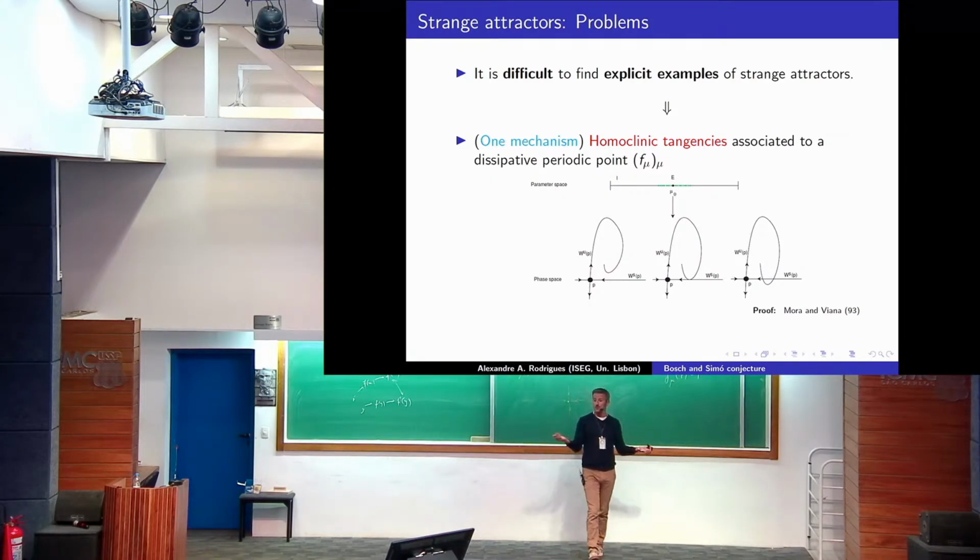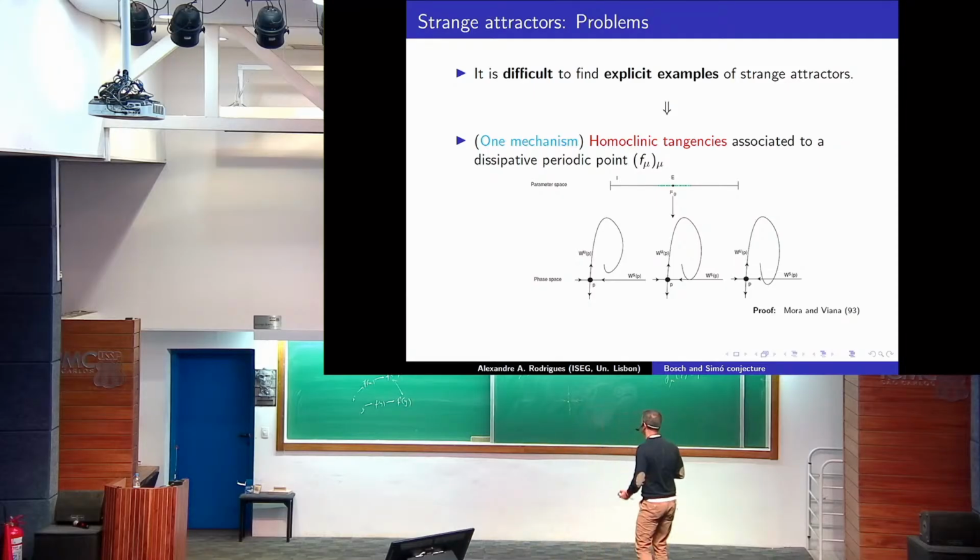So it's possible to locally have this picture, right? I'm going to assume that the product of the eigenvalues, lambda and mu, is less than 1. So it's important that the point P is dissipative. In addition, I'm going to assume that for mu equal to 0 in the parameter, I have a homoclinic tangency. It means that it's possible to define here the unstable manifold.